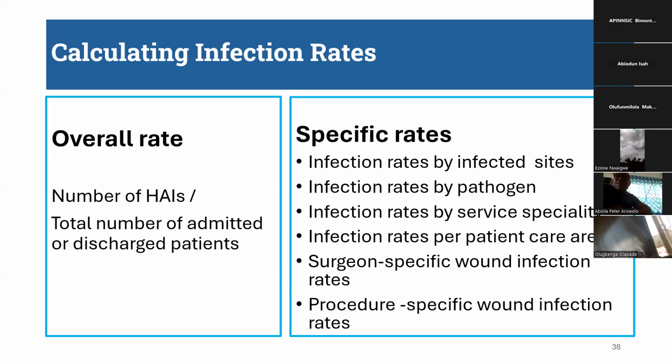How many methicillin-resistant Staph aureus do we have in this facility over how many patients have Staph aureus infection? So you have to define what your numerator is and what your denominator is. It may be how many Staph aureus infections over the number of wound infections, because you want to find out how many wound infections have Staph aureus. So you need to define what your numerator is and what your denominator is.